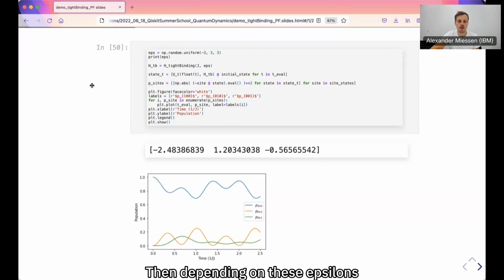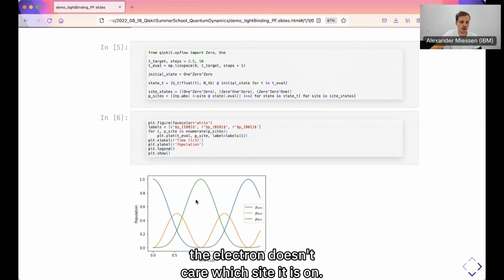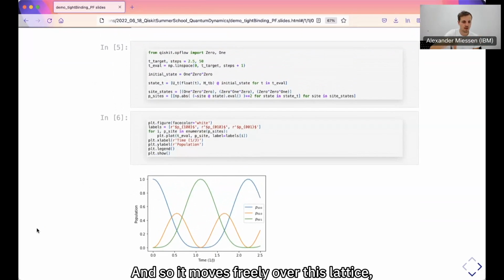Then depending on these epsilons, you might get a different behavior of this material that you're modeling. In the previous case, the electron doesn't care which site it is on, and so it moves freely over this lattice, which is describing a conducting material, so to say, right?